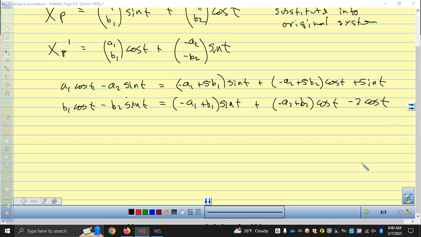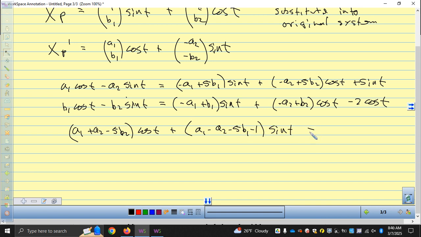So now we need to equate coefficients. I'm going to combine some things and have the right-hand side be 0. So when I combine my sine terms and my cosine terms here, I get a1 plus a2 minus 5b2 cosine t plus a1 minus a2 minus 5b1 minus 1 sine t equals 0.